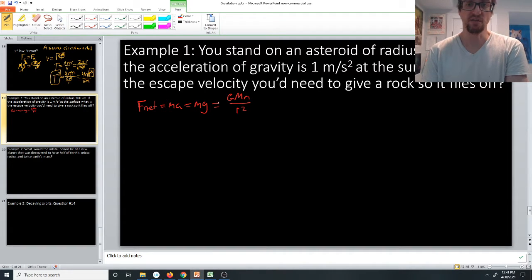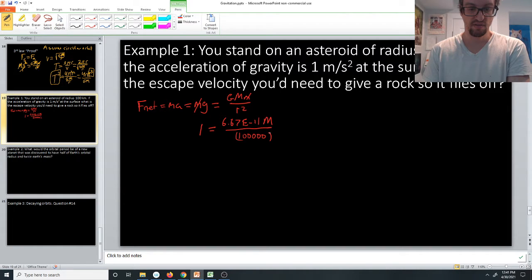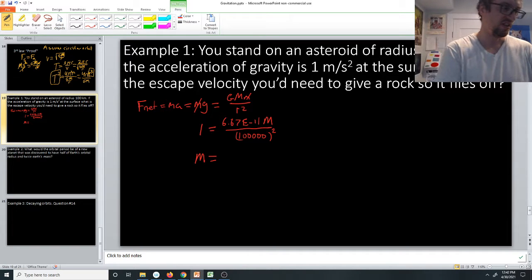If I want to solve that, the mass of the object cancels out, and so I have 1 equals 6.67 e negative 11 times the mass of the asteroid over 100 kilometers, 5 zeros, squared. And this should give me a mass.